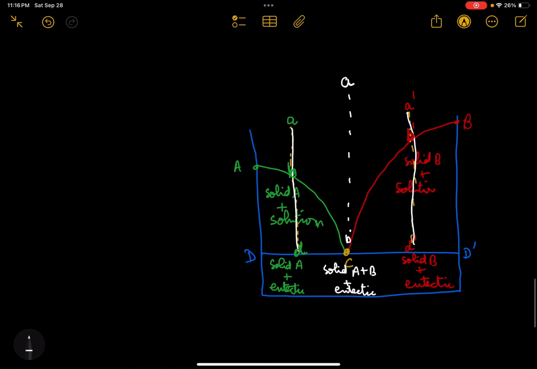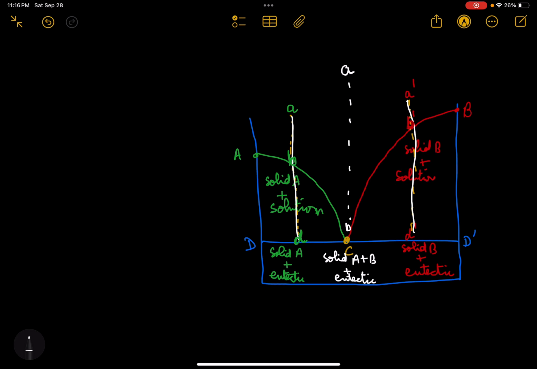Now, let me consider a liquid mixture at constant pressure, and if it is cooled from point A and the temperature is allowed to fall until point B is reached on the freezing point curve of component A, that is along AC. At this point, solid A separates out.